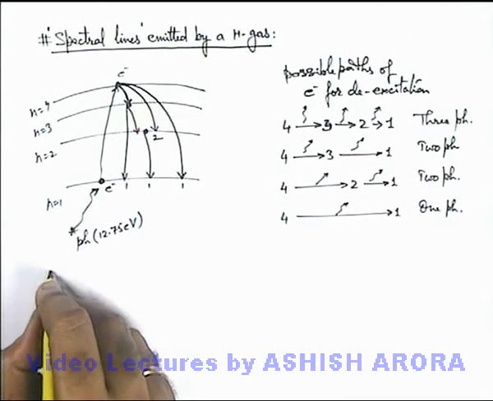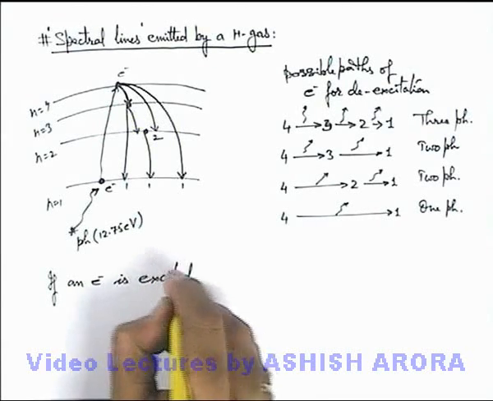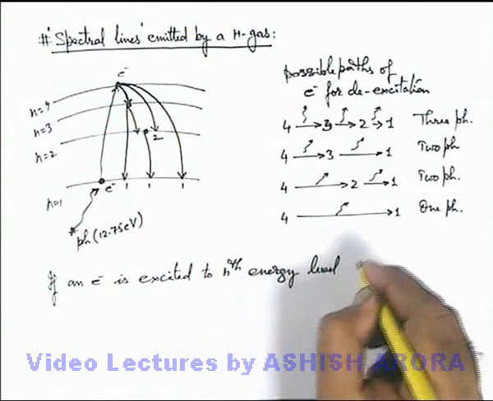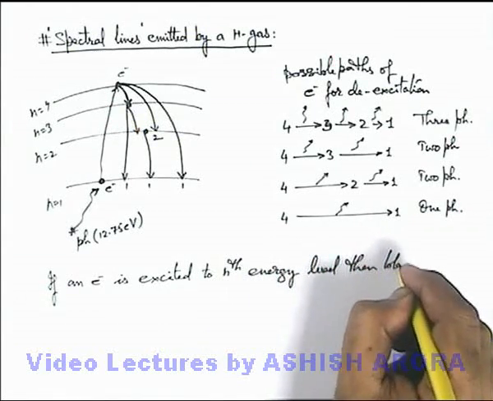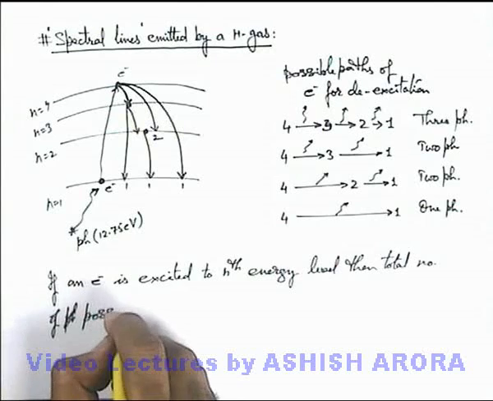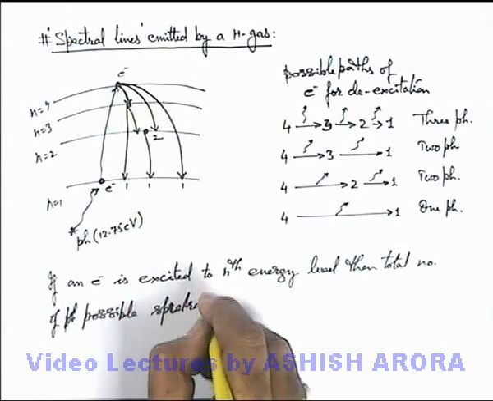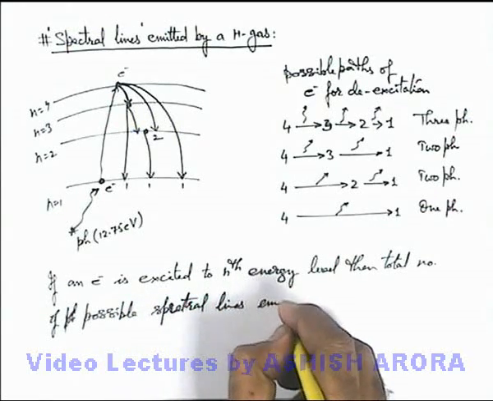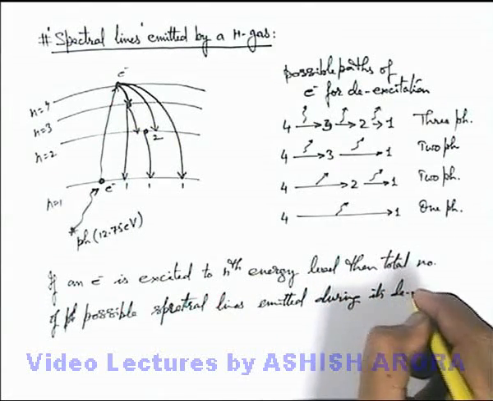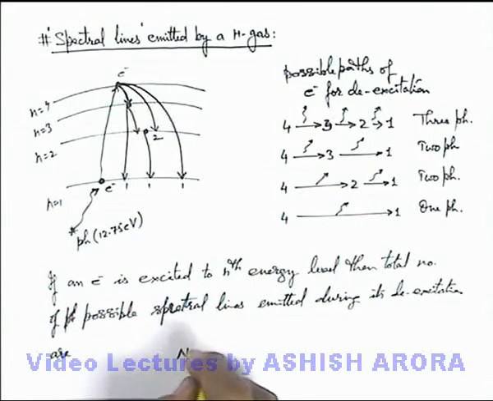So here we can say if an electron is excited to the nth energy level, then the total number of possible spectral lines emitted during its de-excitation are NC2.